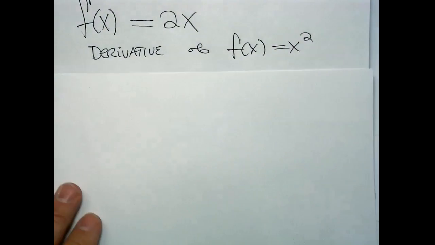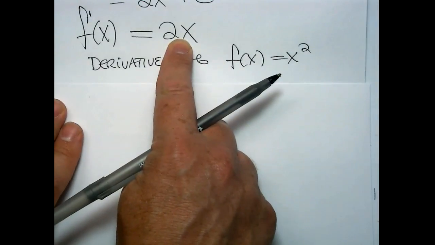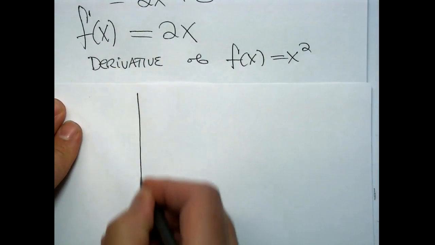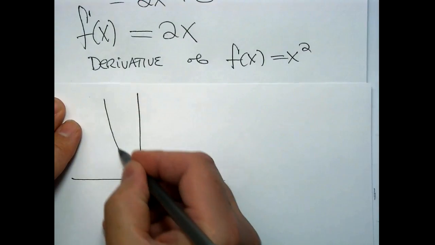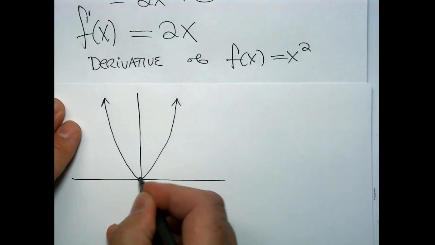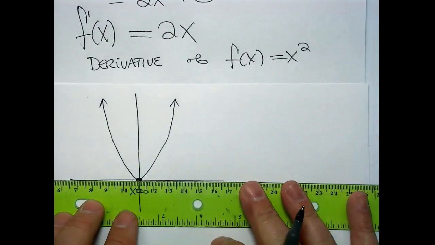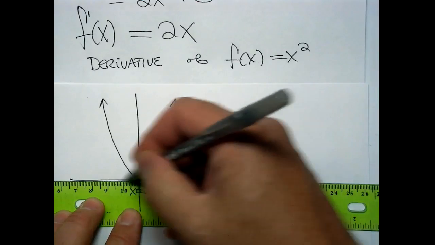So now, no more limits, no more calculus. We can simply get the slopes of tangent lines using the derivative. So if I draw my parabola right here, the vertex is 0. Let's start right here at x equals 0. Let's draw a tangent line. I think we've seen this one before.